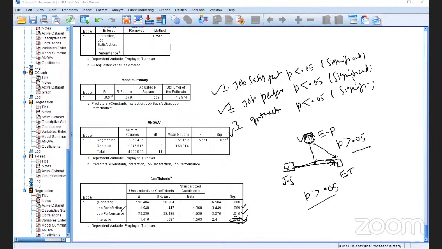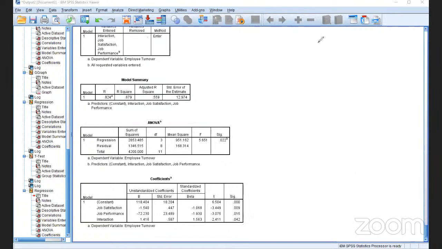Now how to check whether it is significant for low job performer or high job performer? So we will split our file and then check the difference. So I am stopping this and sharing my slide.